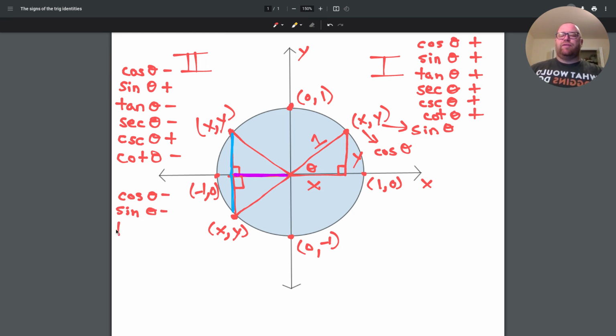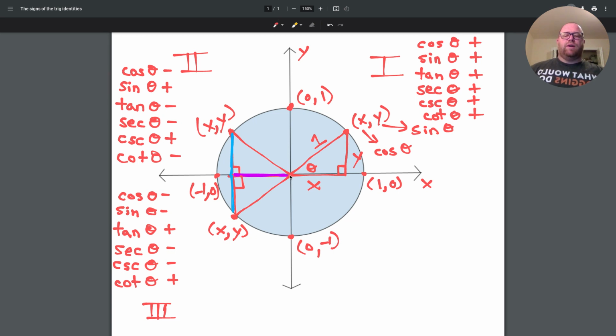The tangent of theta, which is the sine divided by the cosine, a negative divided by a negative, is going to be positive. Secant of theta, 1 over the cosine, is going to be negative. Cosecant of theta, 1 over the sine, is going to be negative. And then cotangent of theta, 1 over the tangent, is going to be positive. Okay, so that's quadrant 3.